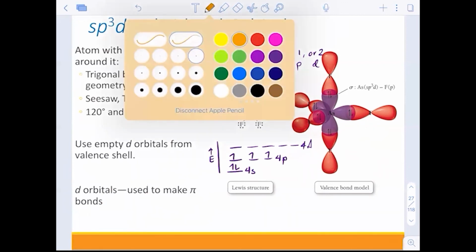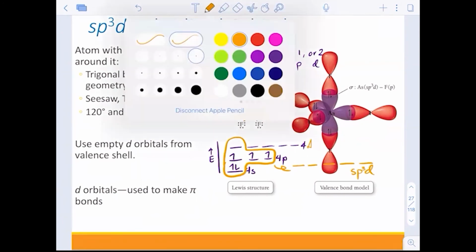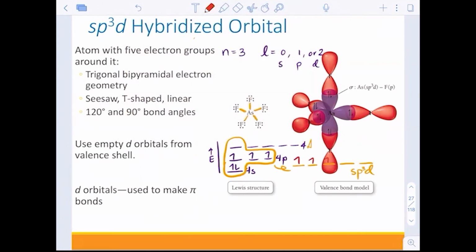And what we would need to understand why arsenic makes 5 single bonds is it takes the S's, the P's, and 1 D in order to hybridize into 5 degenerate orbitals called sp3d. Count them up, 1, 2, 3, 4, 5. And that's where we can put in our electrons and make 5 degenerate bonds.